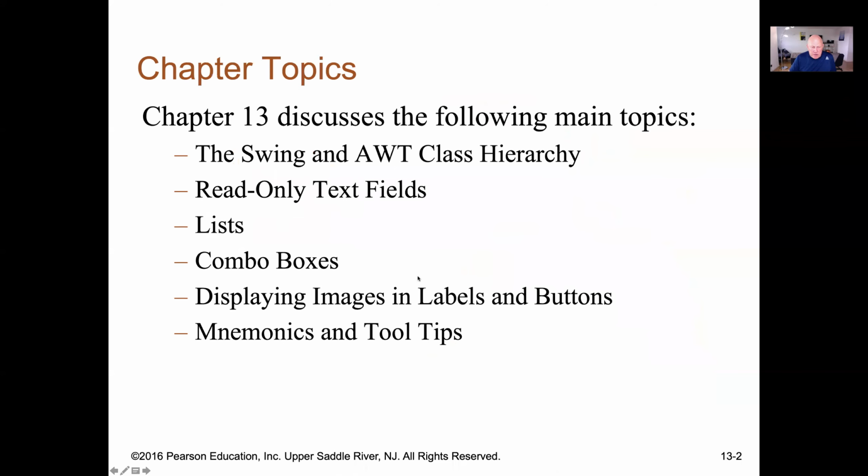So in this chapter, we're going to discuss Swing and AWT class hierarchy. We're going to discuss read-only text fields, lists, combo boxes, displaying images and labels and buttons, and mnemonics and tooltips.